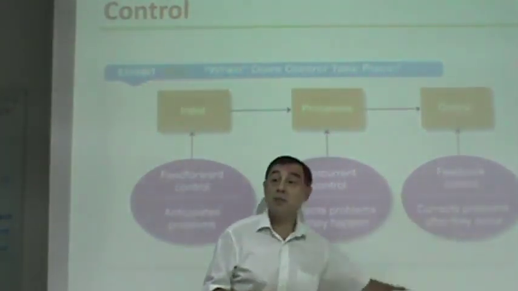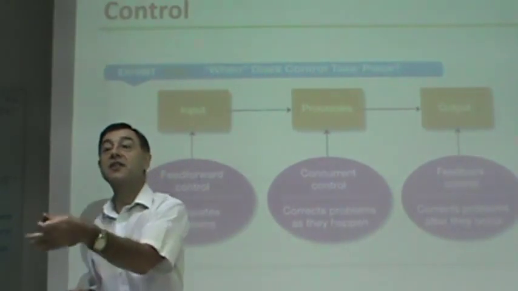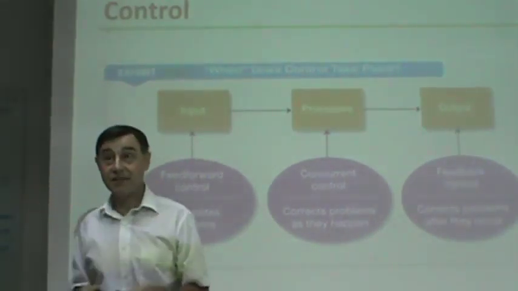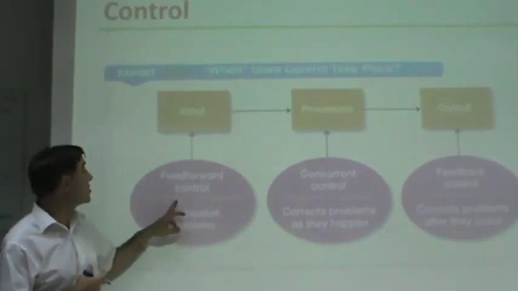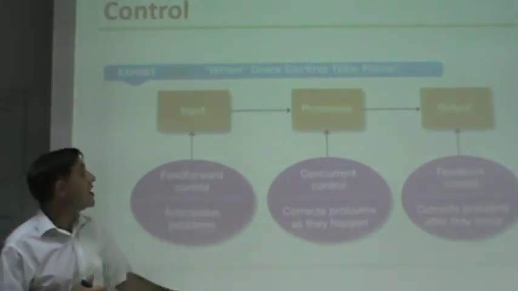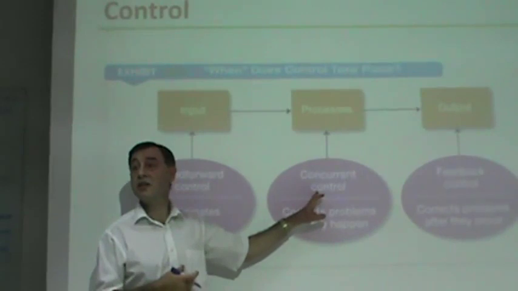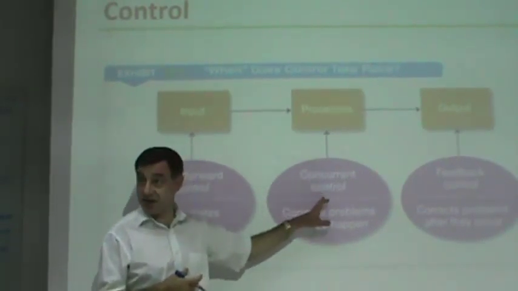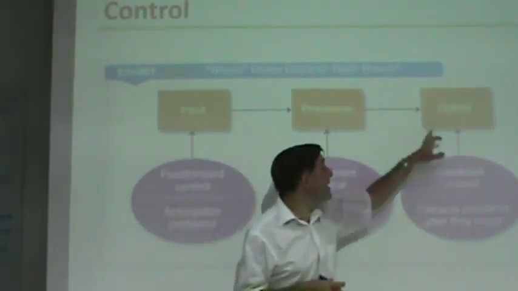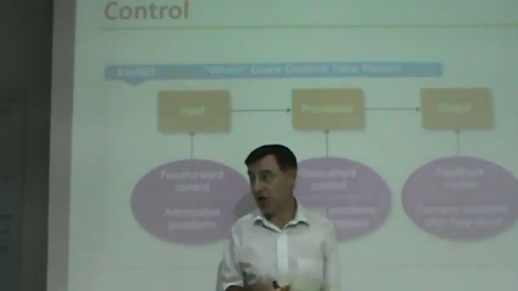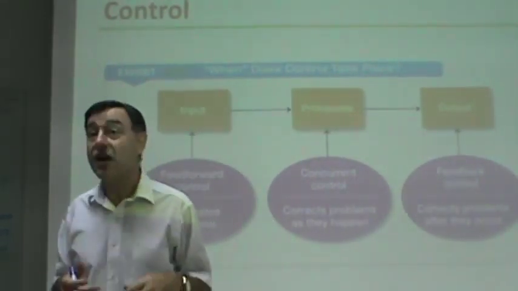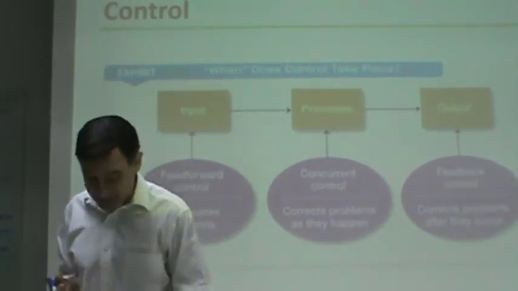It corrects the problem after it occurs, okay? So, if you make it before it occurs, it's called feed forward. If you make it during the time it occurs, it becomes concurrent. And if you make it after it occurs, it's a feedback control. And this is based on when it happens.